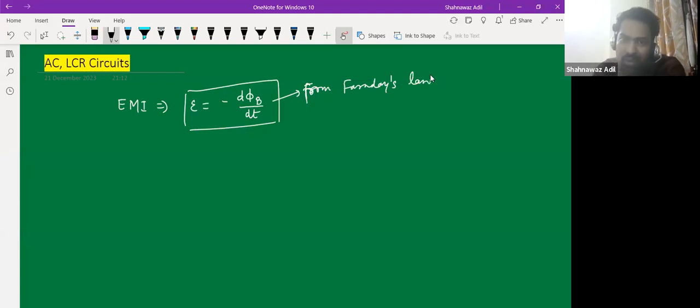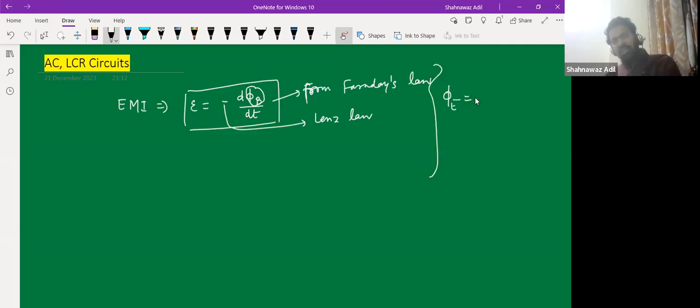And we also know what this magnetic flux is. This minus part comes from Lenz's law. Taking the analogy from electric charges and fields, if you remember, what was this electric flux?